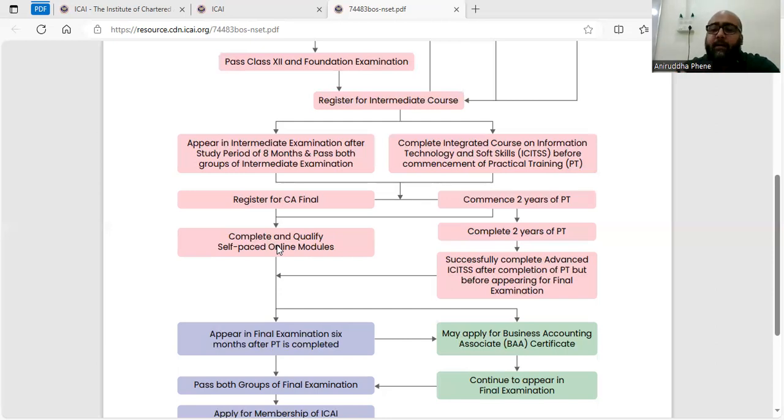So you get a degree called BAA on completion of intermediate, 2 years articleship, and the self-paced online modules. So even if you don't give the CA final exam, you can have a certificate called the BAA. And obviously after that, you can appear for the CA final exam. You can clear both the groups and then you will be a CA, apply for membership with the CA Institute. That is the same as it was earlier.